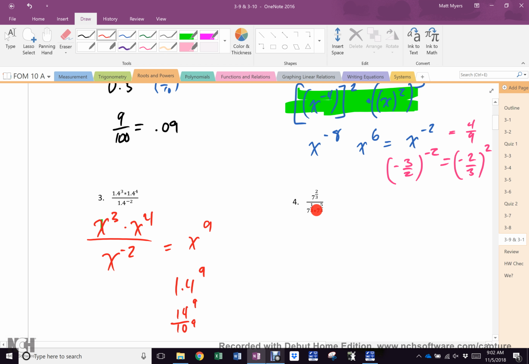So that's all we're going to do now. 7 to the 2/3 over, what's 1/3 plus 5/3? 6/3, which is what? 2. 7 squared. Because the squared is 1/3 plus 5/3 to get 6/3.